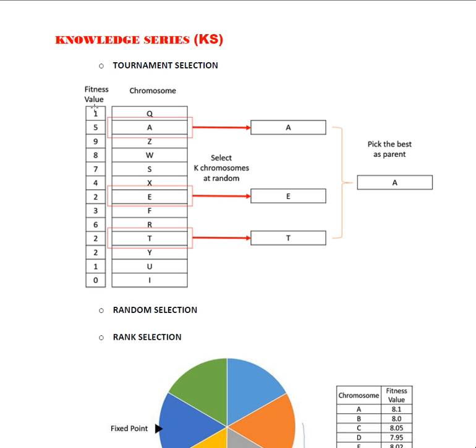You have individual chromosomes shown, and their fitness values are considered. And just like tournament selection in extremely popular games, how do we do it? We take the individual fitness value.